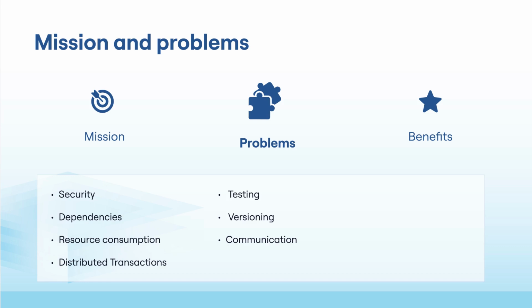In addition to its primary goal, Honey Platform also addresses common challenges encountered in microservice architecture, including managing dependencies and versions, inter-service communication problems, enabling effective testing at all levels of the system, handling distributed transactions and seamless migrations, ensuring security, and many more.